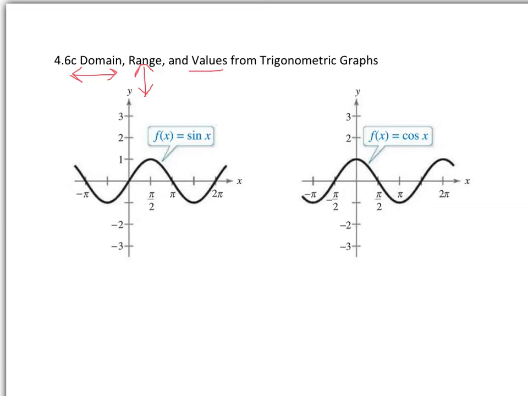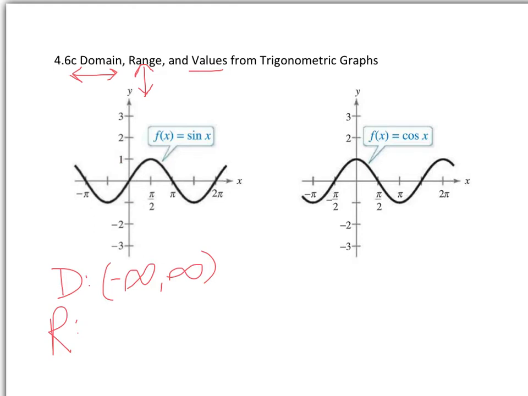For a sine graph, my domain, since I'm going forever left and right, I'm going to list my domain as negative infinity to positive infinity. For my range, I'm looking up and down, and you can see your sine graph only goes from -1 to 1.